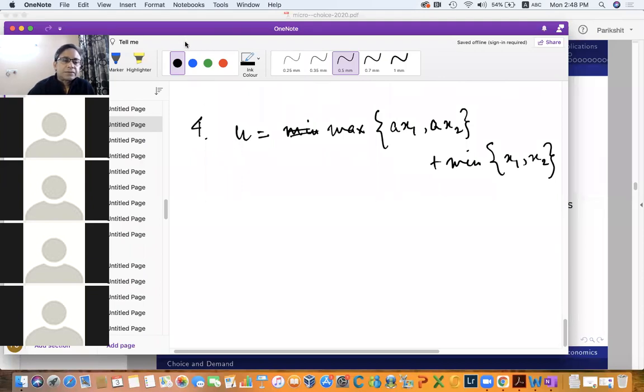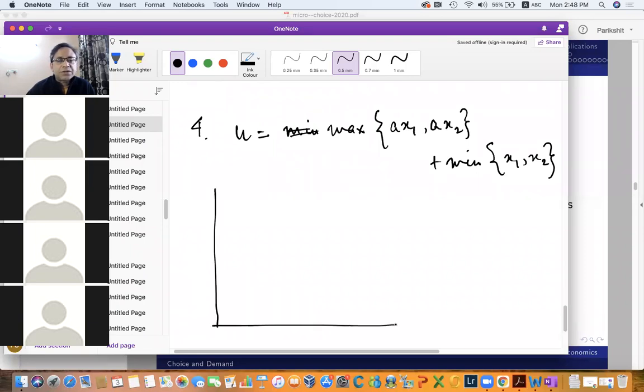Perfect substitutes. It depends on A. Yes, they're perfect substitutes. First of all, first order of business, I want to draw pictures of the indifference curves, capturing their shapes. It will be like a V, and there will be a 45-degree line.